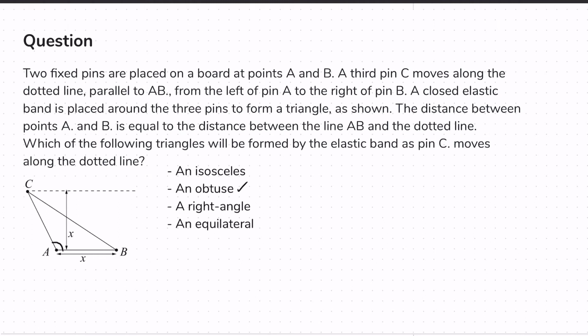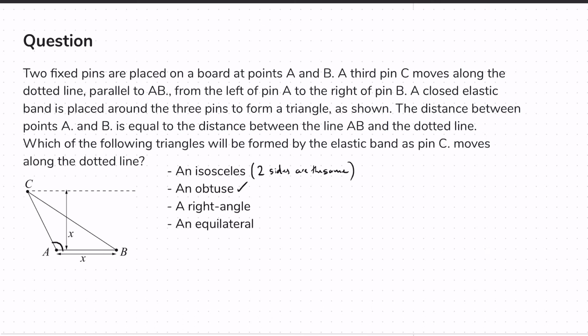Now the first one I'm going to look at is the isosceles triangle. Now an isosceles triangle is a triangle where two sides are the same. I already know what one of the sides is. So an easy way to figure this out is, can another side be X?